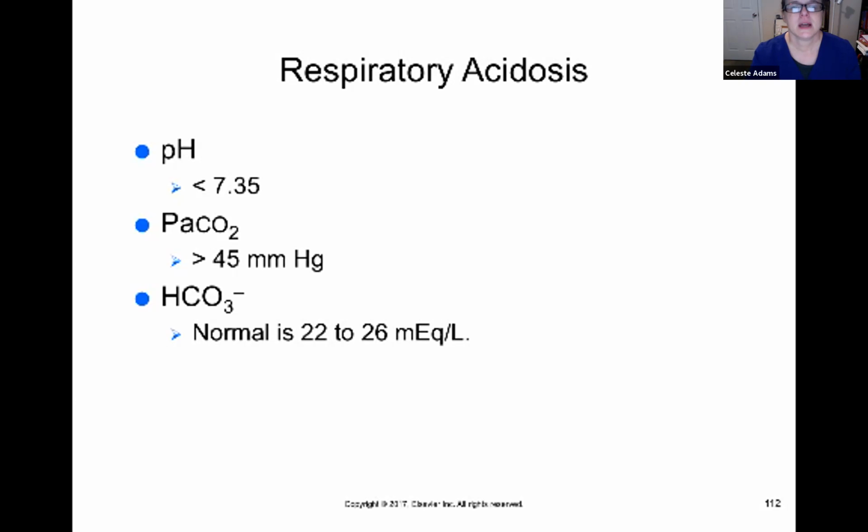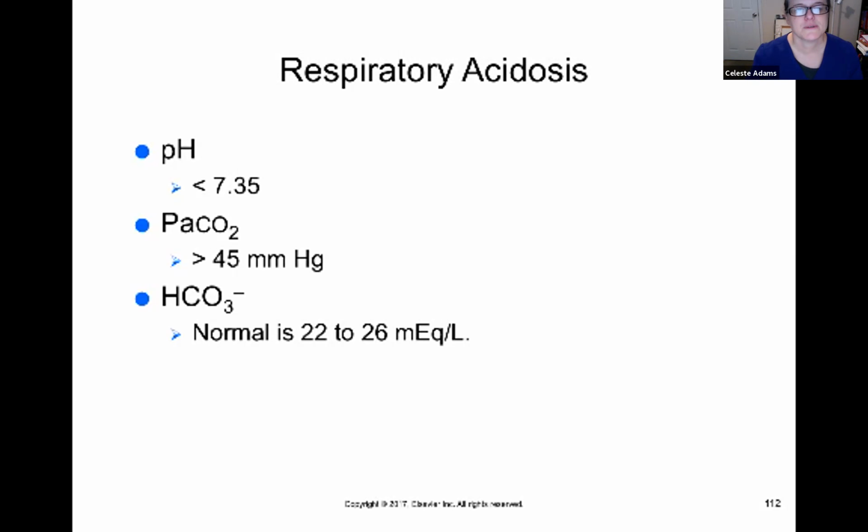Your PCO2, your carbon dioxide, is going to be above 45. I told you guys yesterday, always think CO2 equals respiratory. Carbon dioxide equals respiratory.